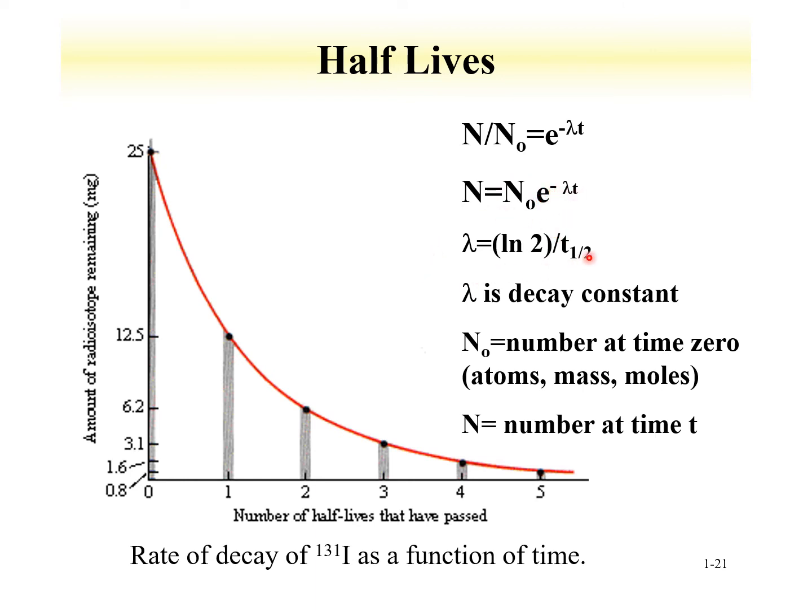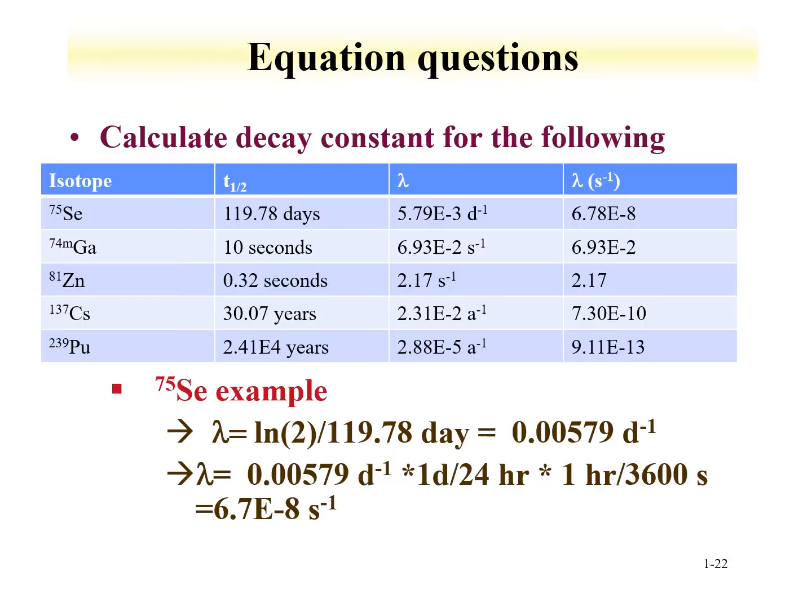Lambda, the decay constant, is equal to the natural log of 2 divided by the half-life. Now, if this time is in seconds, your half-life needs to be in seconds. If this time is in minutes, your half-life needs to be in minutes. In this first-order decay, the half-life is fundamental in radioactive decay. Again, this is an equation that we will see frequently in the course.